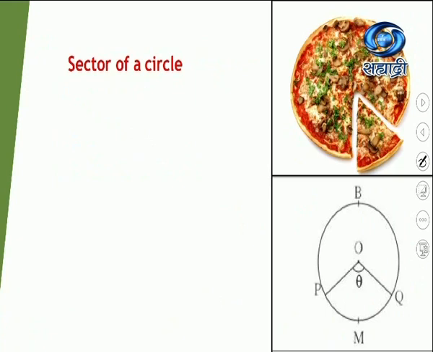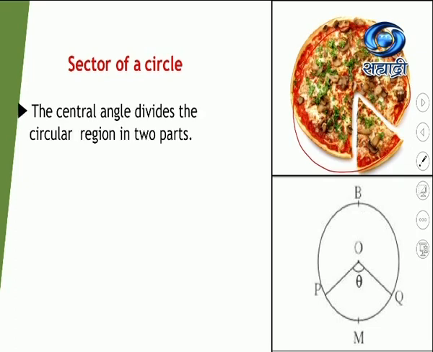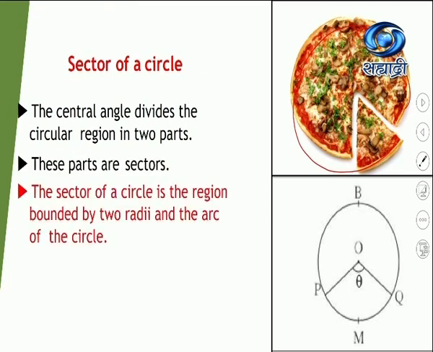Next topic is sector of a circle, and here is another pizza for you all. Now here you can say that a part of the pizza or the slice of the pizza I have cut, and therefore the pizza is divided into two parts. The central angle divides the circular region into two parts, and these two parts are known as the sectors.